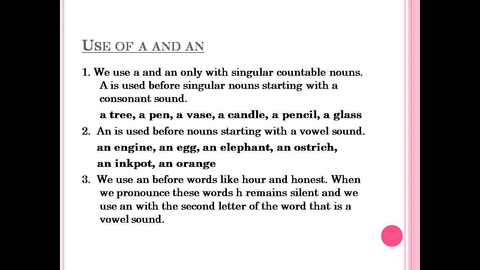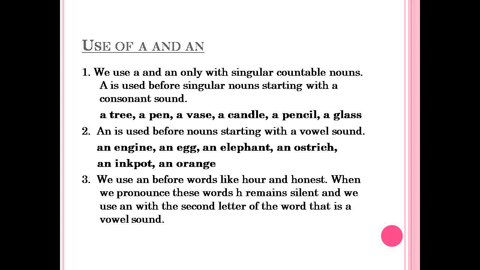I repeat, you have to focus on the sound, the first sound of the word, and not the letter. Please don't just check whether the word is beginning with a, e, i, o, u vowels. Read and check that the word is beginning with a vowel sound, and then only use an before it. An engine, an egg, an elephant, an ostrich, an inkpot, and an orange. All these words are beginning with vowel sounds. So an is used before them.